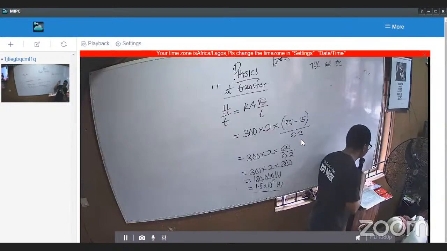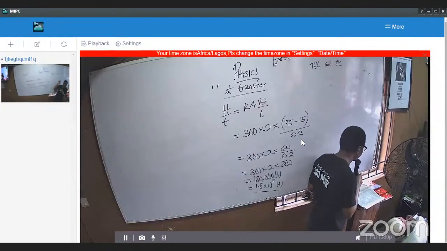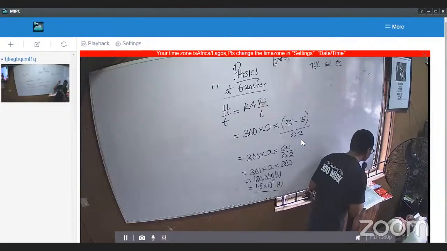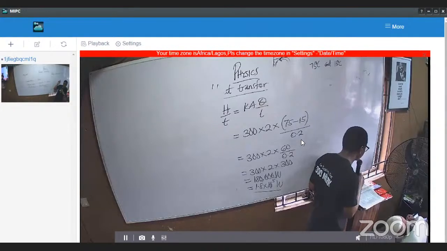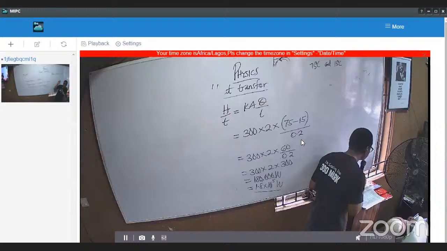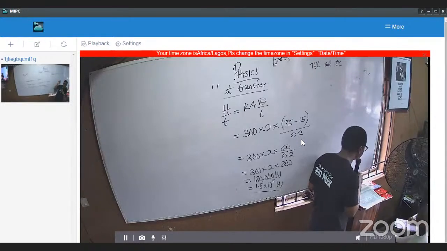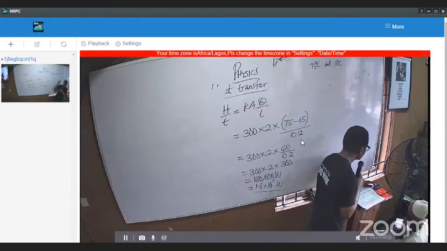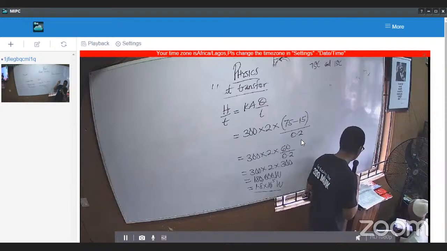Option B, prevent heat loss or gain. Option C, prevent heat gain. Option D, prevent heat loss. Class, what's the answer?